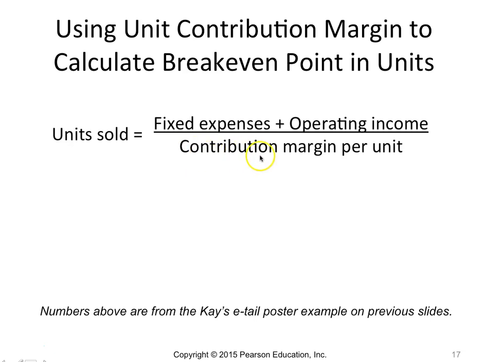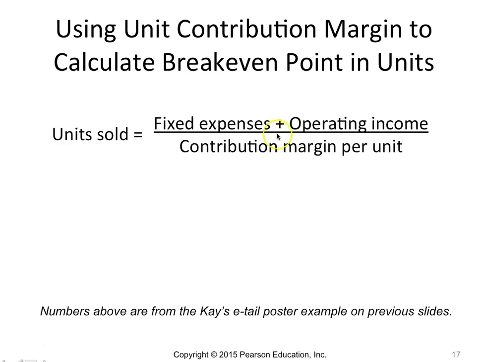So volume times contribution margin per unit gives contribution margin. Contribution margin equals fixed expenses plus operating income, or contribution margin minus fixed expenses equals operating income.